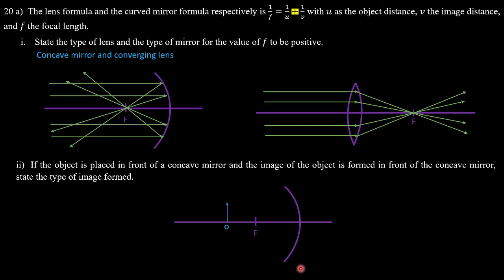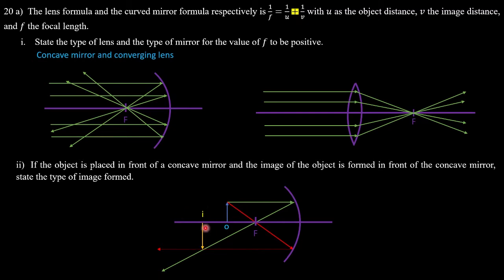You have to draw at least 2 light rays. The first light ray will be parallel to the principal axis and pass through the focal point. The second light ray will pass through the focal point and be parallel to the principal axis. Here is the intersection point between the 2 reflected rays. So the image will form here. So this is your image.